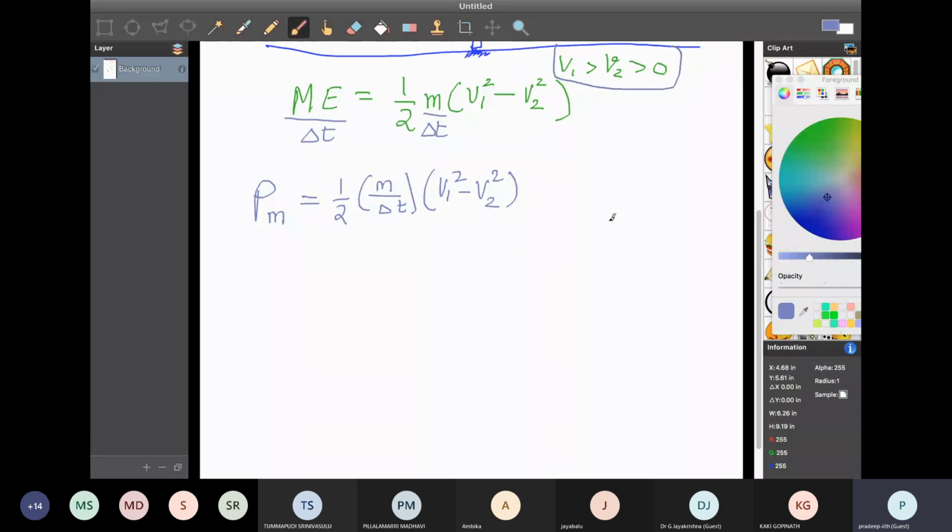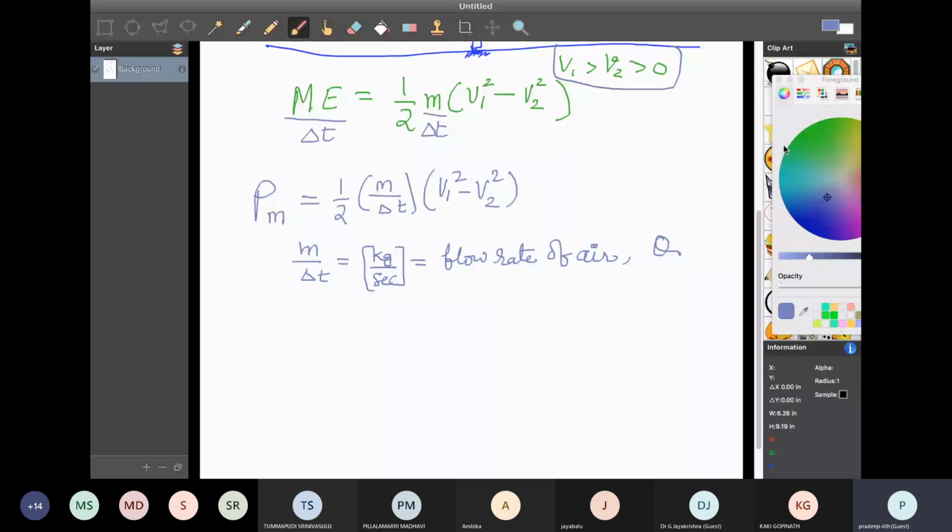So what is this m by delta T? This quantity has a unit of kg per second, because mass is measured in kgs and time is measured in seconds. This is called the flow rate of air, and usually it is denoted by the letter Q. Now, I want to eliminate the variable m.